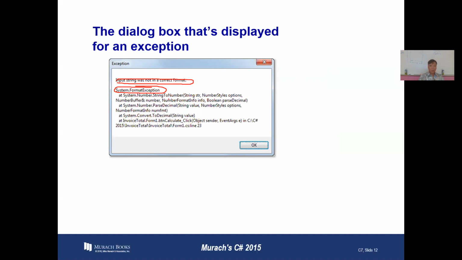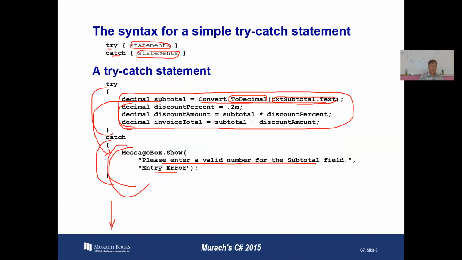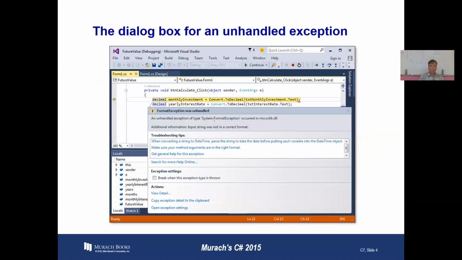So it was down where we're converting a string to a number someplace. We're doing a parse decimal. Oh no, it's here. We're converting to decimal, and that was inside this button calculate click event handler. And at the very top it's at Form1.cs line 23. So if we go back to the program, do we have a picture of the program here?